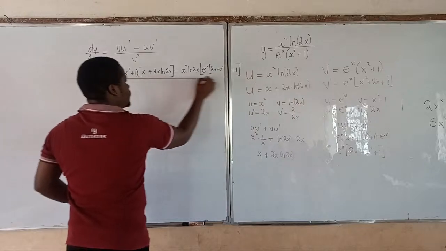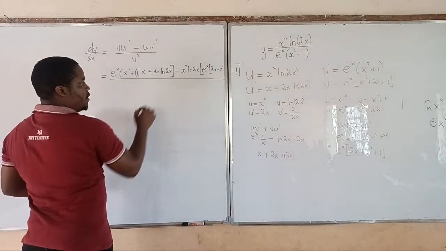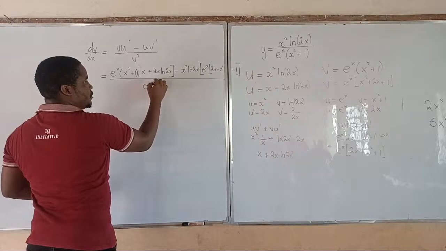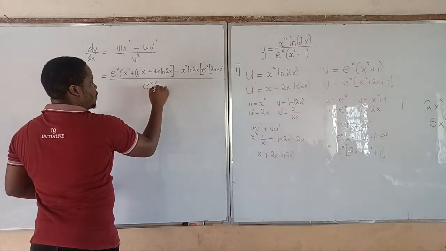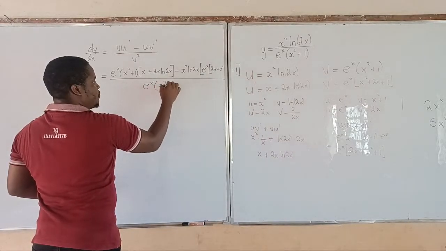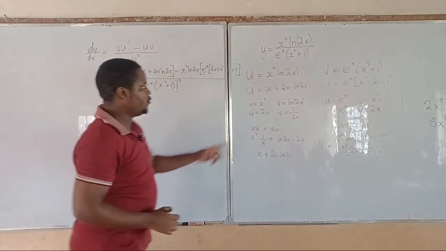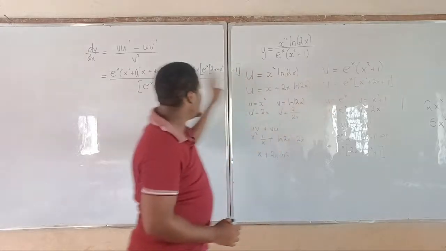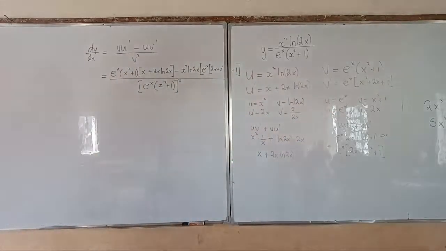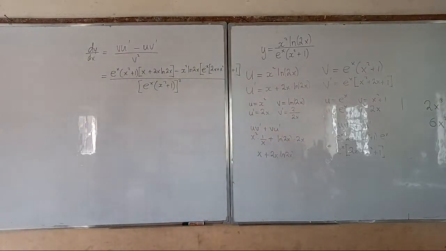Now everything is over v squared. What is v? V is e^x (x squared plus 1), squared. So once you have these four, this part is just a matter of substituting. Just substitute. That's it.